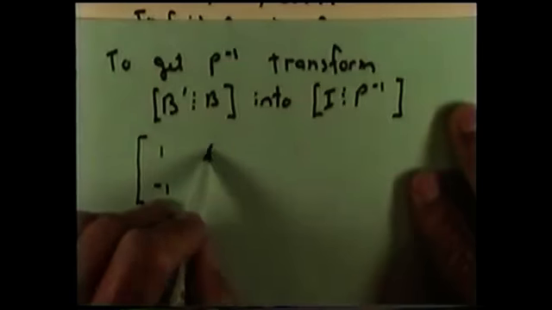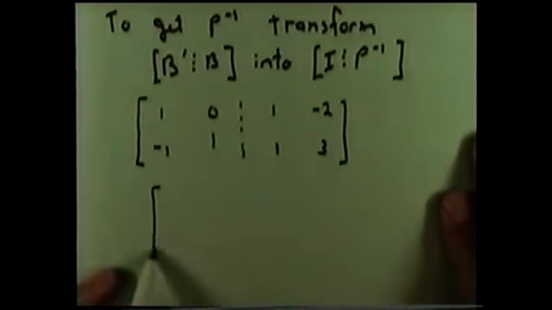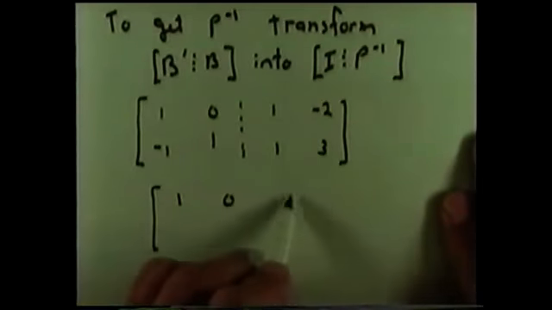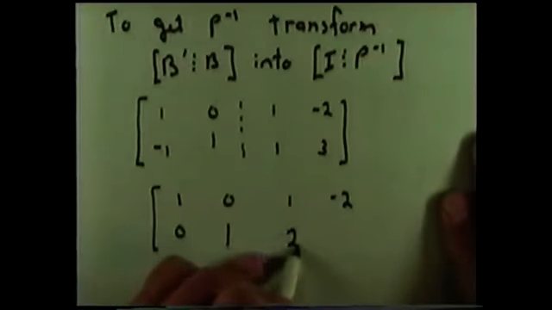So B prime, 1, negative 1, 0, 1. B, 1, 1, negative 2, 3. All I need to do here is to add row 1 to row 2. 1 plus negative 1 is 0. 0 plus 1 is 1. 1 plus 1 is 2.